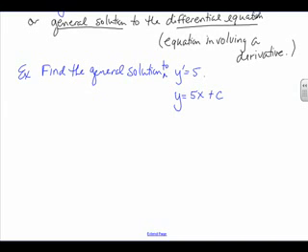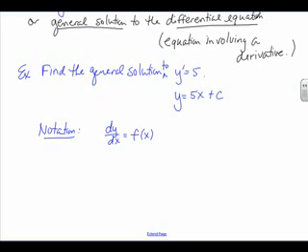Now, differential equation notation you're going to see, you may see something like this: dy over dx is equal to some function of x, which is really what we had in the previous example. dy over dx is the same thing as y prime. 5 is some function of x. So we've got dy over dx equal to a function of x there.